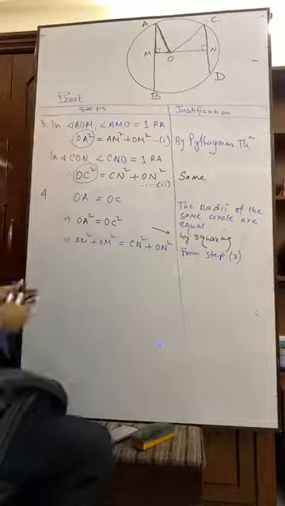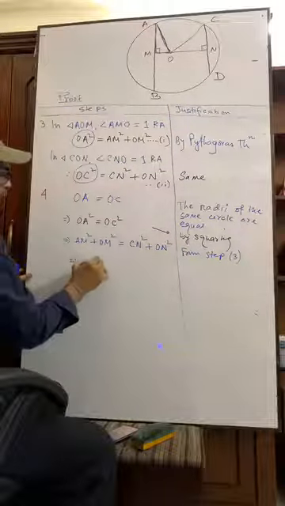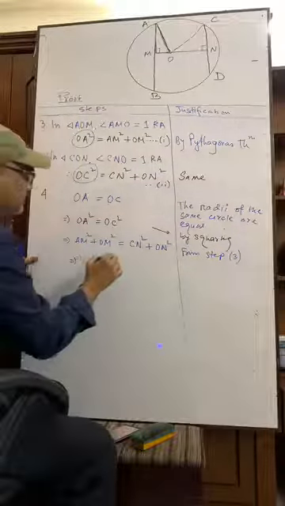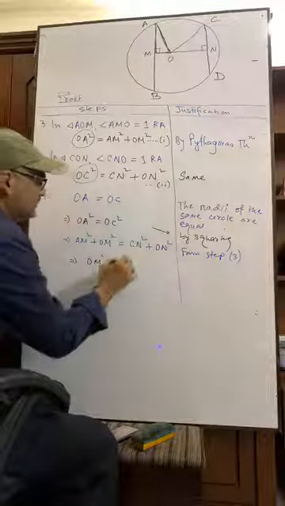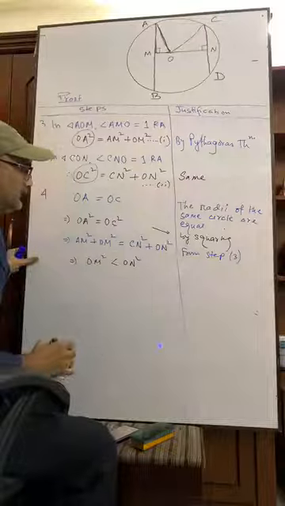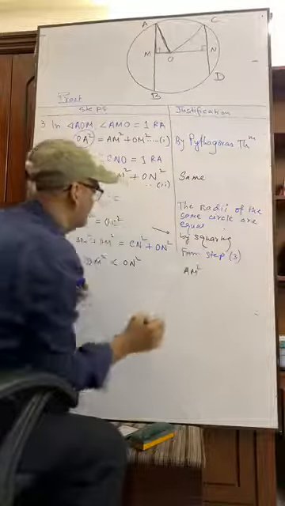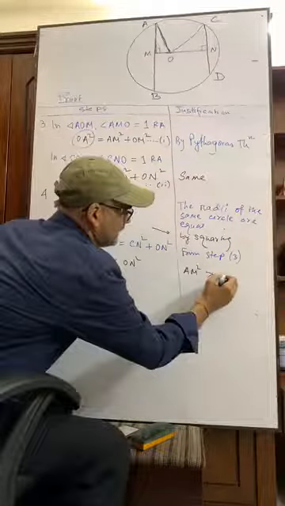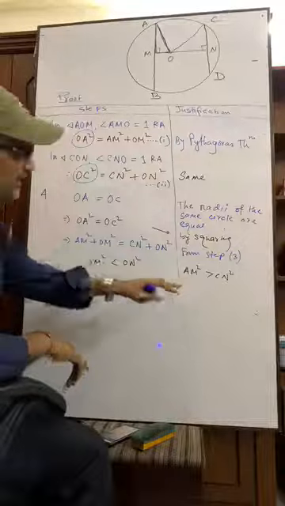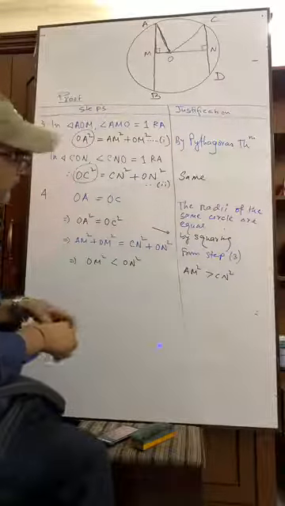Write down, implies that OM square is less than ON square. AM square is greater than CN square, I have written the justification, that was in step 2.